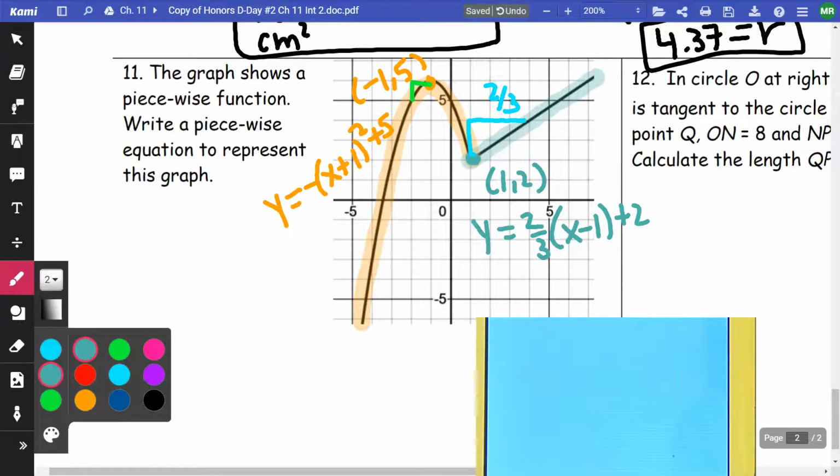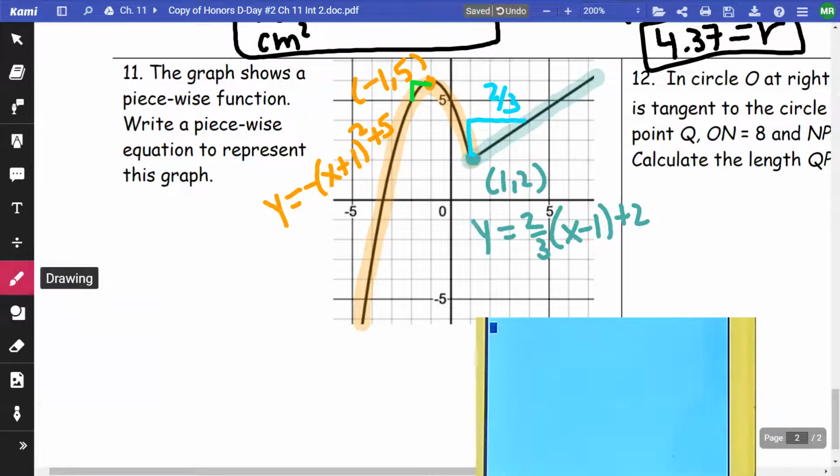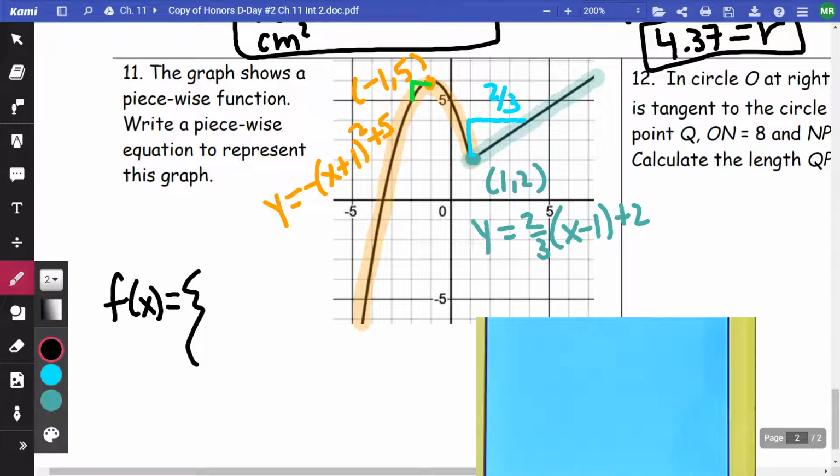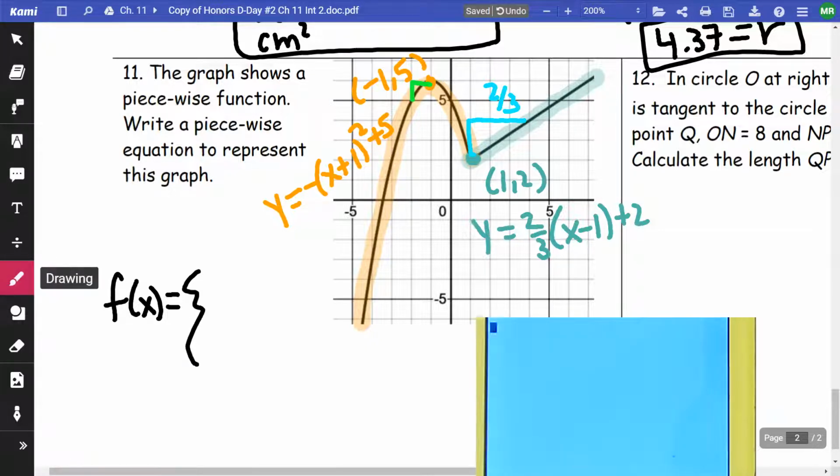Now for this, I don't have the whole entire either one of them. So I'm going to say f of x is equal to, and for my parabola, I have negative x plus 1 squared plus 5, and pretend it has arrows at the ends of this, just kind of got cut off. And this is going to be x is, and in this case, that point where the two graphs meet is closed.